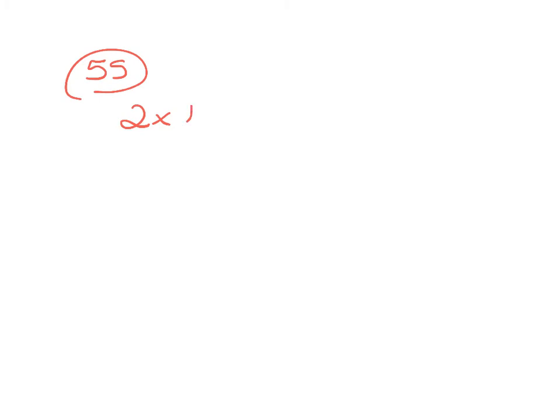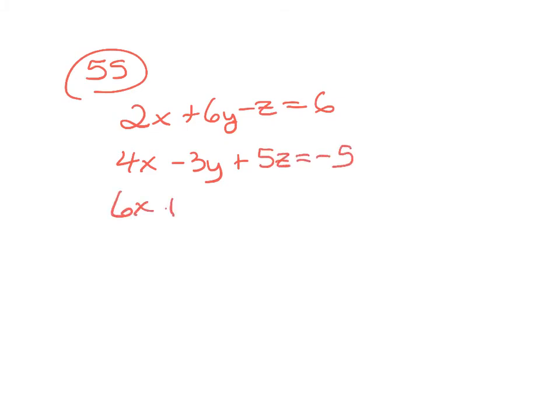So 2x plus 6y minus z equals 6. 4x minus 3y plus 5z equals negative 5. 6x plus 9y minus 2z equals 11.